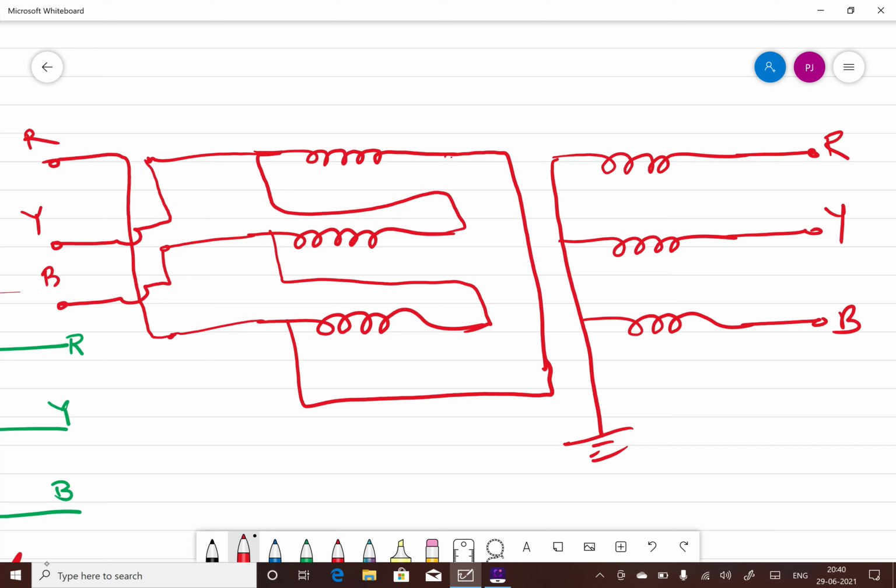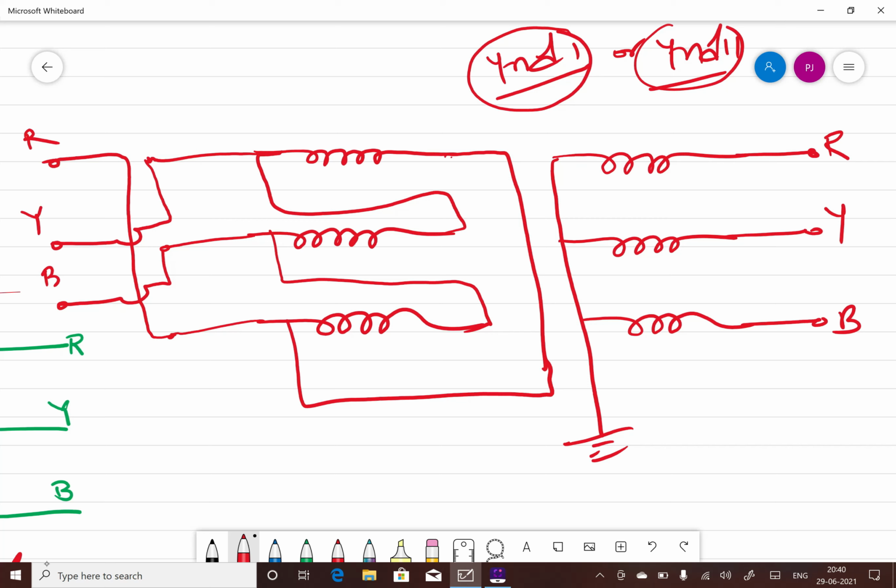Once your connection has reversed, earlier we were expecting that this connection is, suppose, YND1 or YND11, that we will determine. We know that in these conditions the HV and LV phase difference is 30 degrees, and we have selected a compensation matrix such that the 30 degree phase shift is compensated inside your differential protection relay.